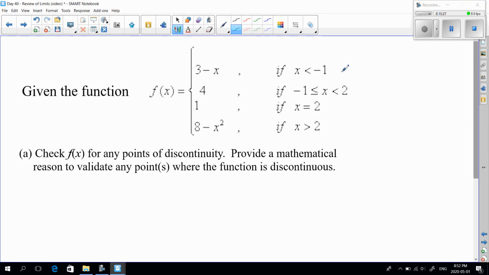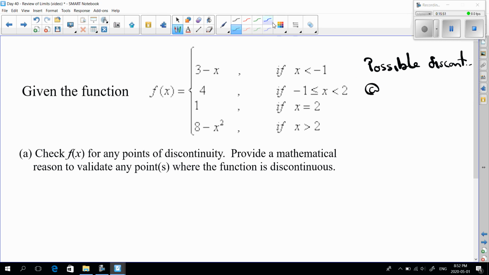We want to check for a discontinuity. So it says given the piecewise function f of x equals, check f of x for any points of discontinuity. Well, first of all, we have to recognize where there are possible discontinuities. And we can do that by exploring the domain over here.